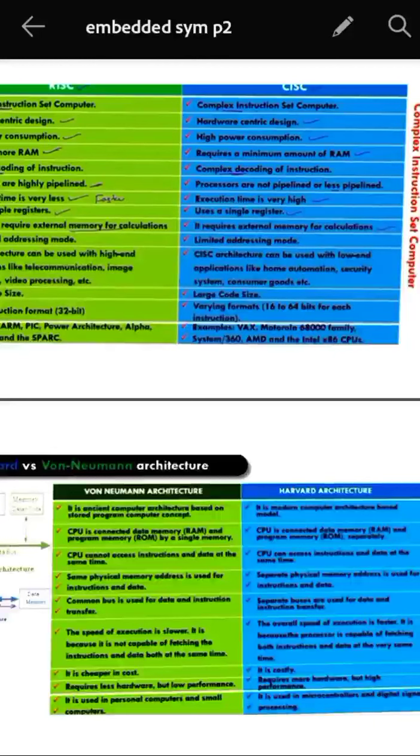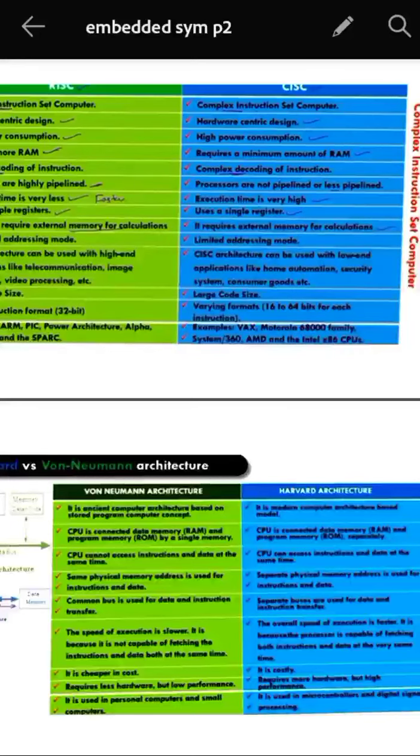In von Neumann, a common single bus is used to transfer data and instructions, whereas separate buses are used in Harvard architecture. The speed of execution is slower in von Neumann architecture because of the single bus.